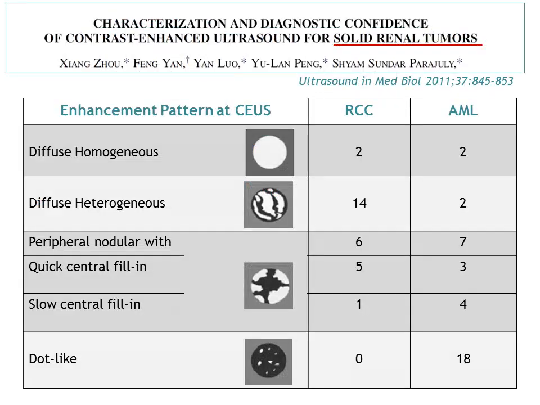This article dealt with enhancement patterns at contrast-enhanced ultrasound. They classified enhancement patterns as diffuse homogeneous, diffuse heterogeneous, peripheral nodular with quick or slow central fill-in, and dot-like, and found the diffuse heterogeneous enhancement pattern was most common in renal cell carcinomas, while the dot-like enhancement pattern was most common in angiomyolipomas.